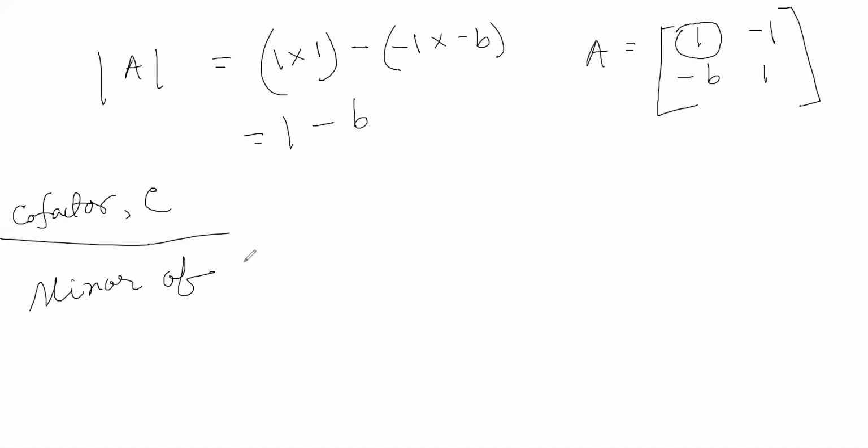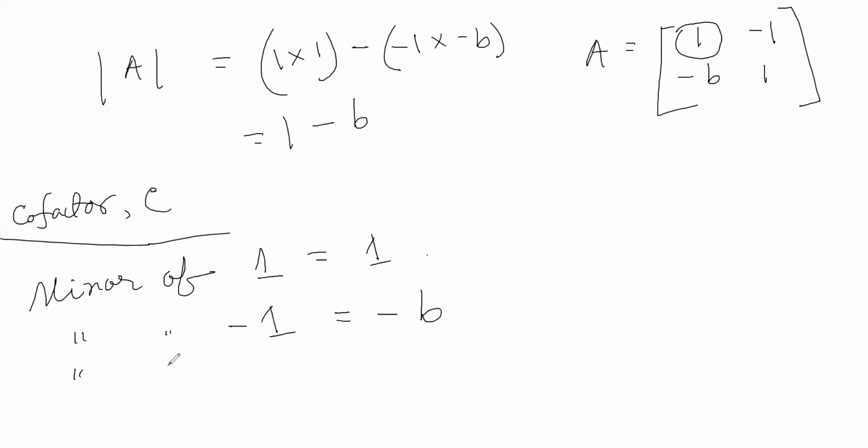If I'm trying to identify the minor of 1, that particular row and column is out. The minor of 1 is 1. If I'm trying to identify the minor of minus 1, then the first row, second column is out. Minor of minus 1 is minus B.